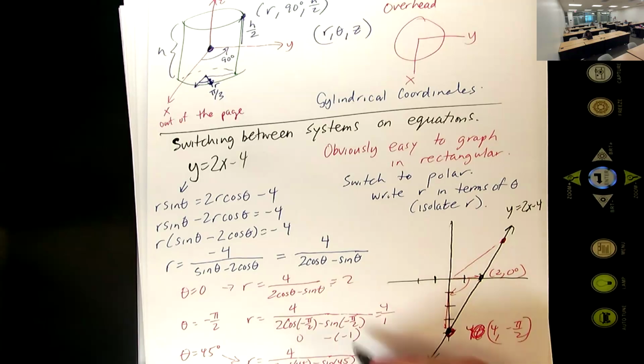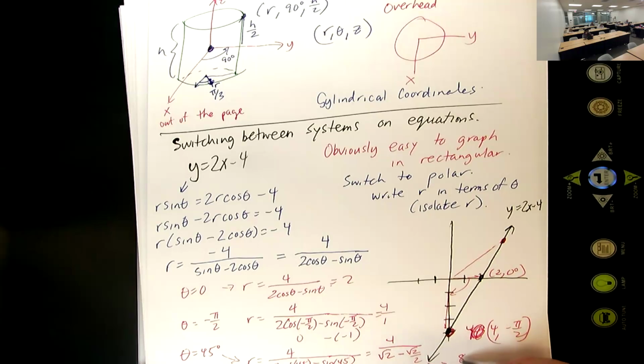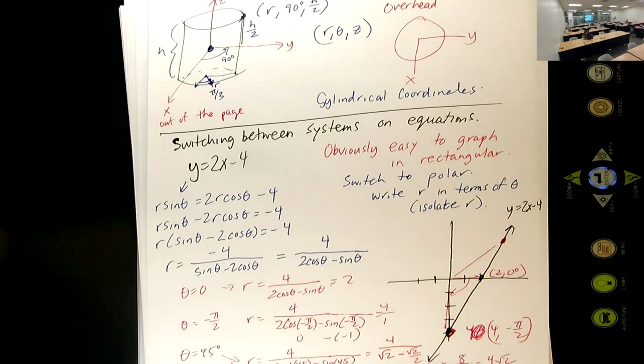If I tried to do this with the radicals, this is square root of 2 over 2, which times 2 is square root of 2, minus square root of 2 over 2. Even if I clean this up, this is 8 over square root of 2, which is 4 square root of 2. That still doesn't help me, I don't know how far that is on the radius.